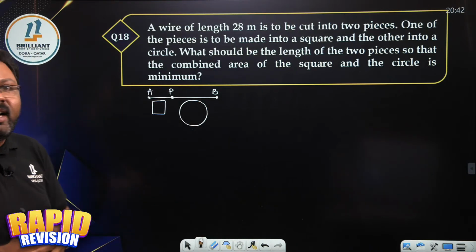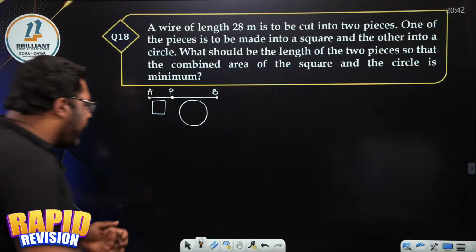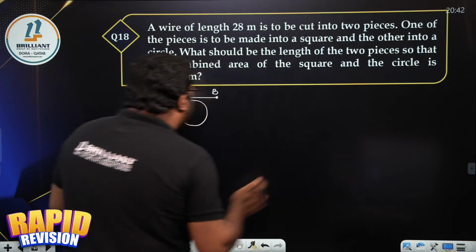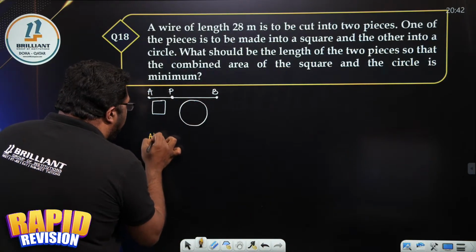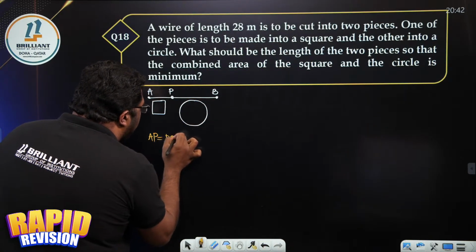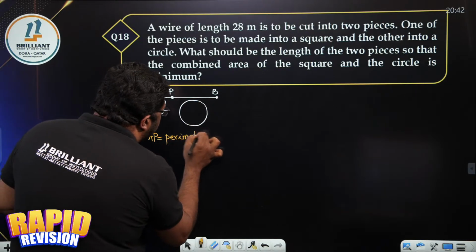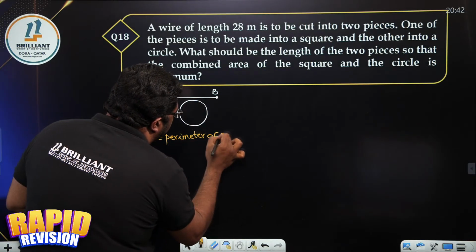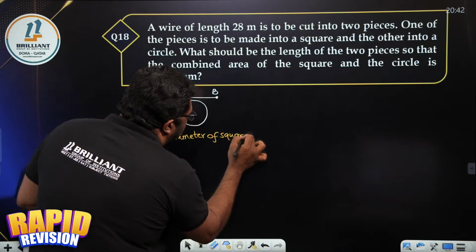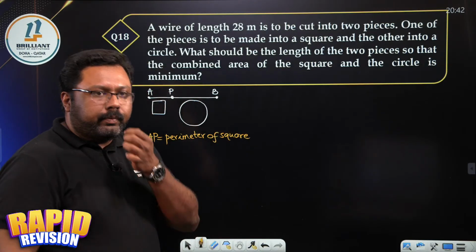Now they're saying that AP is equal to the perimeter of the square.